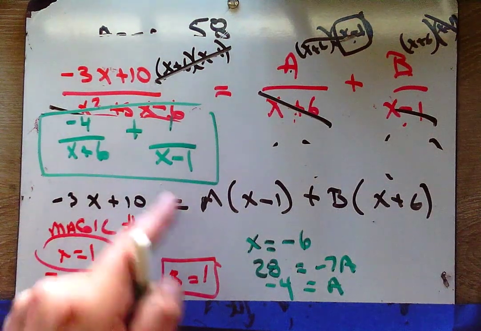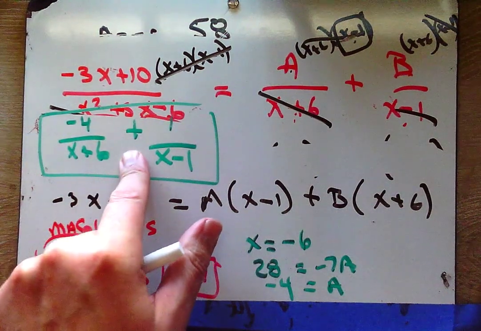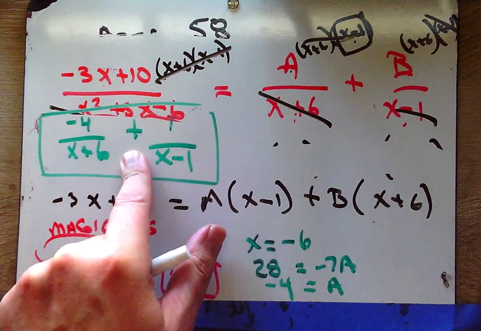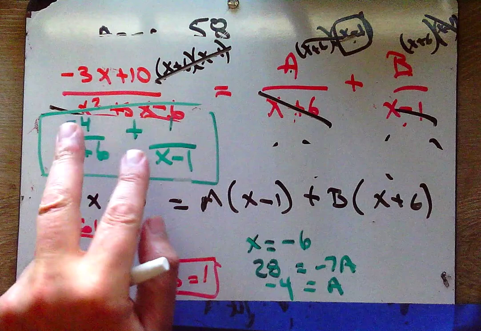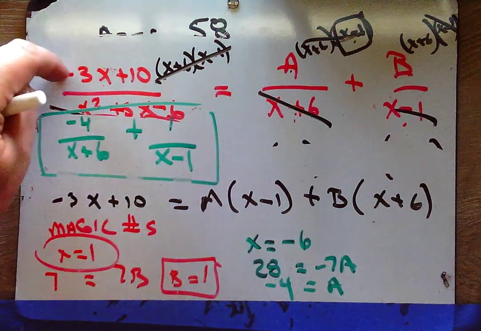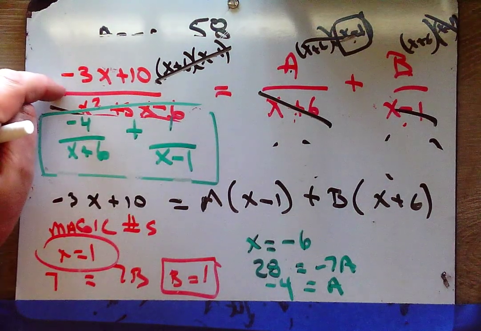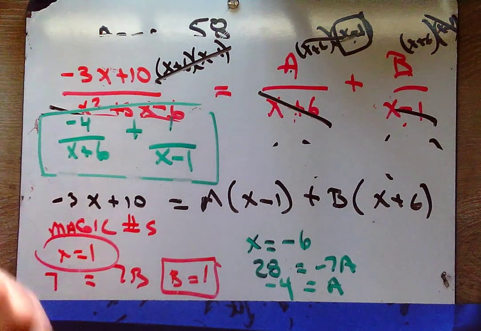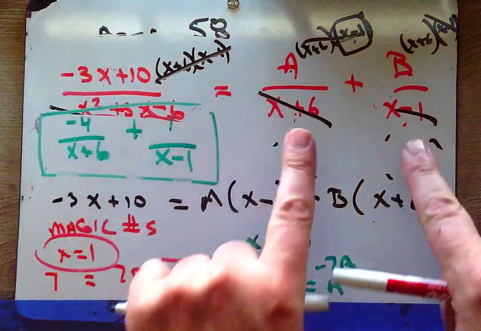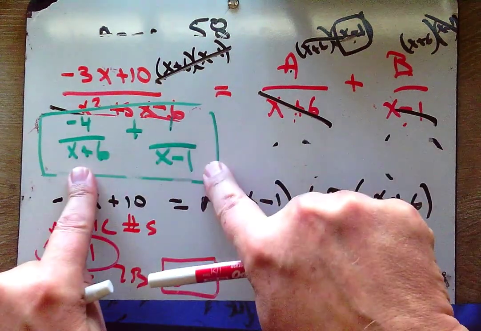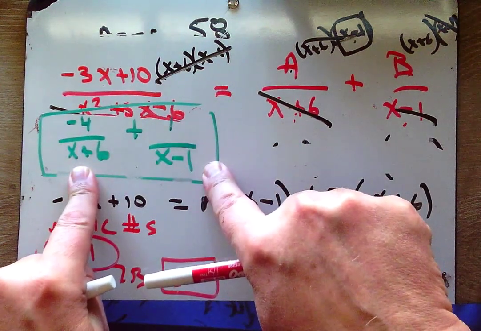And you may remember, this was the problem we started our Bell work with. We started with these two fractions and we combined them by making a common denominator to get this thing up here in red. In our problem now, using partial fraction decomposition, we're starting with this red thing and we're decomposing it so we can get the fractions that make it up.